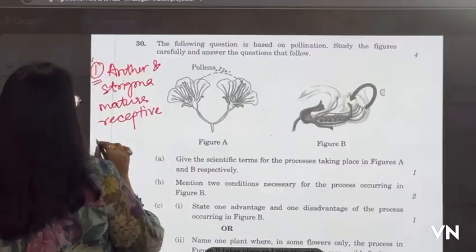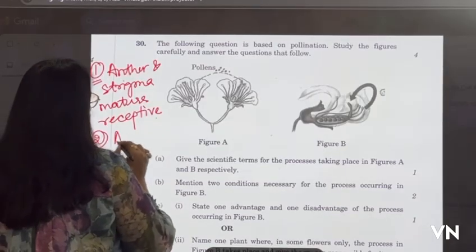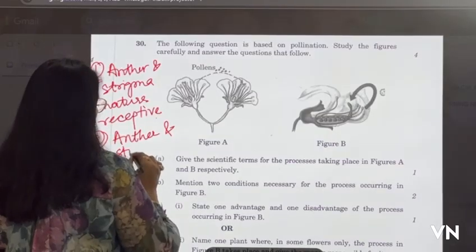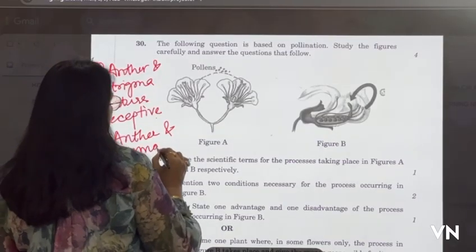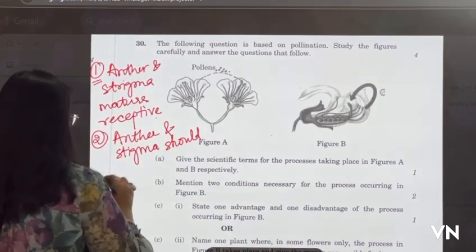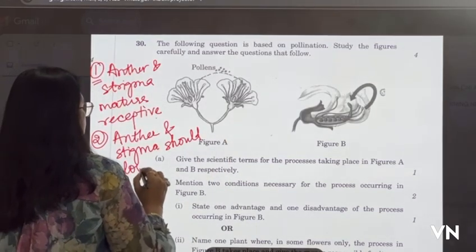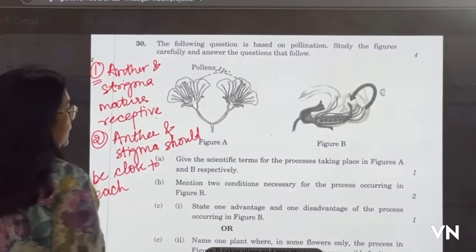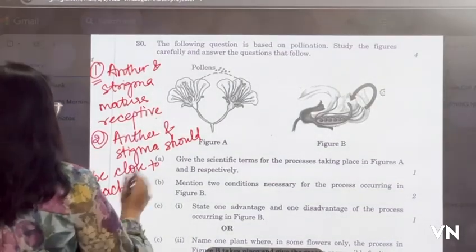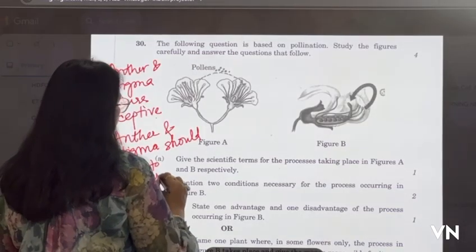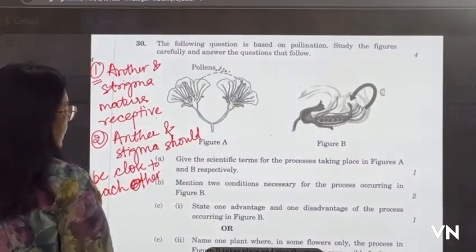And another condition is that anther and stigma should be close to each other because their position facilitates the process of pollination. There should be no barrier between anther and stigma.